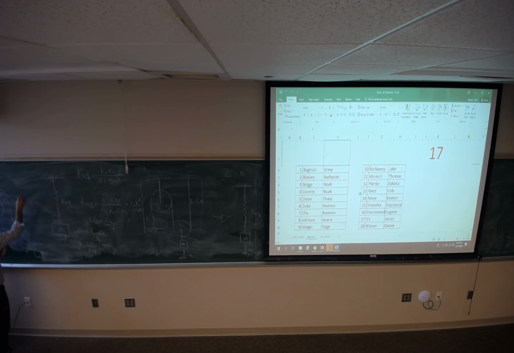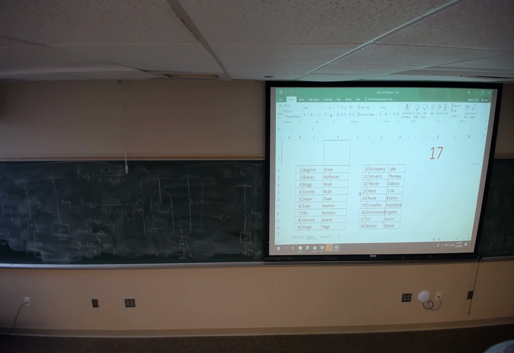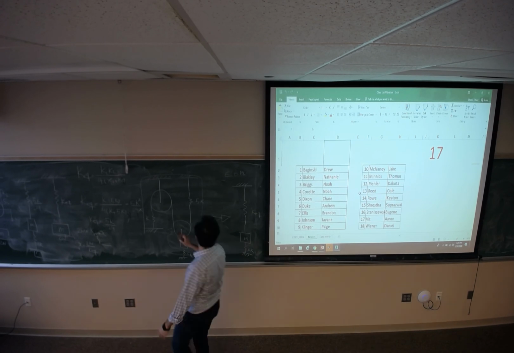So now we have 5K divided by 24, 1 mass, and 2K. Work on this for 2 minutes and derive the kinetic energy and potential energy of the system.